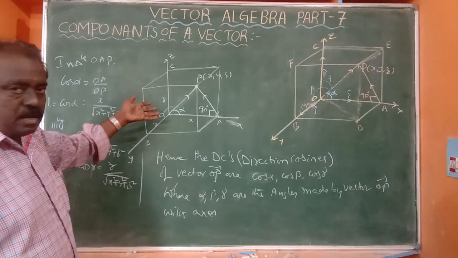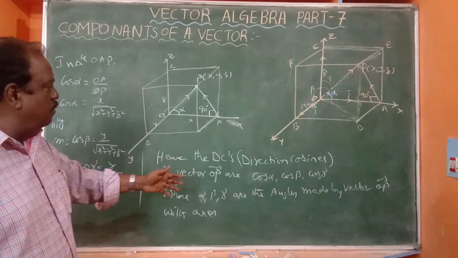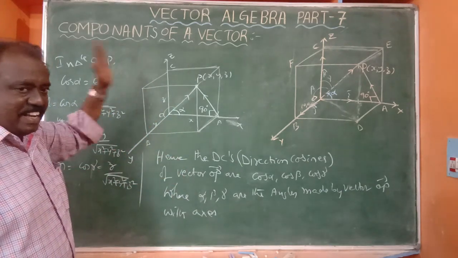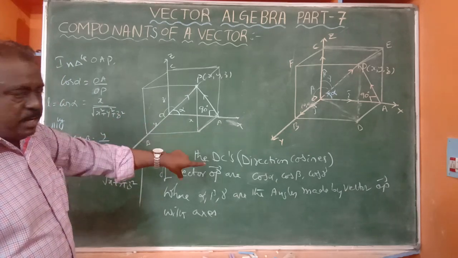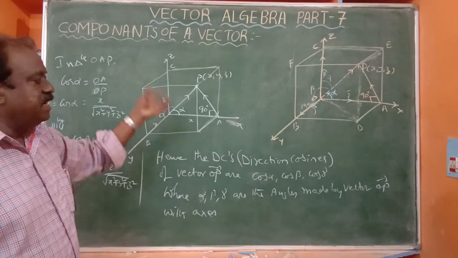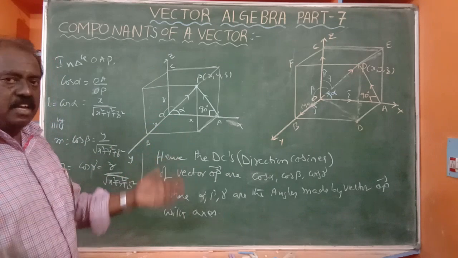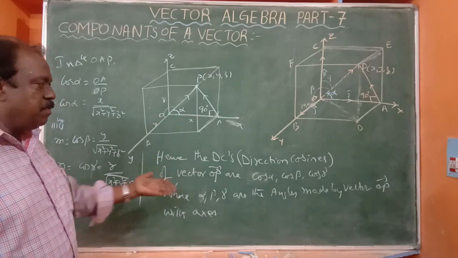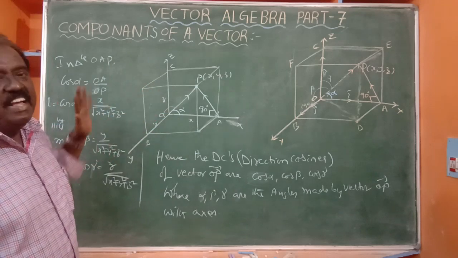OP bar is a vector, we know it. That makes some angles alpha, beta, gamma with the x, y, z axes. Then cos alpha, cos beta, cos gamma are the direction cosines. What are the direction cosines? They are cos alpha, cos beta, cos gamma, where alpha, beta, gamma are the angles made by the given vector with the x, y, z axes.